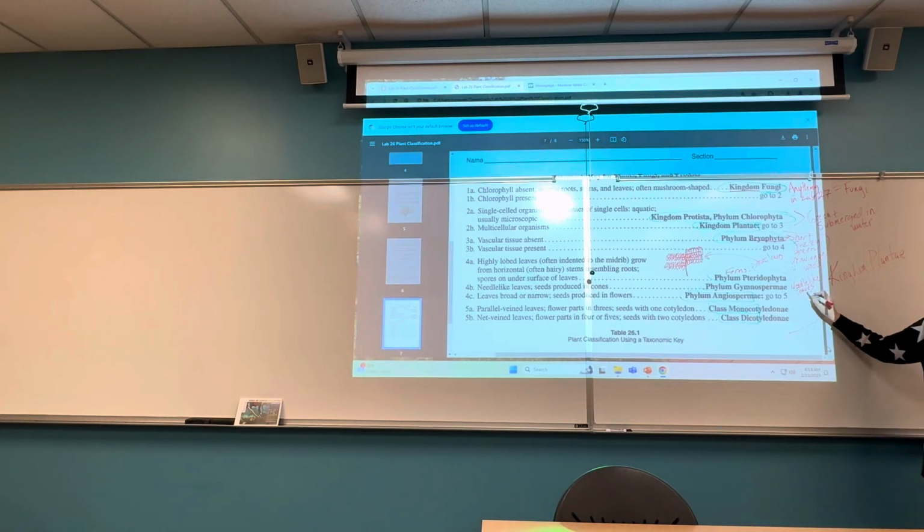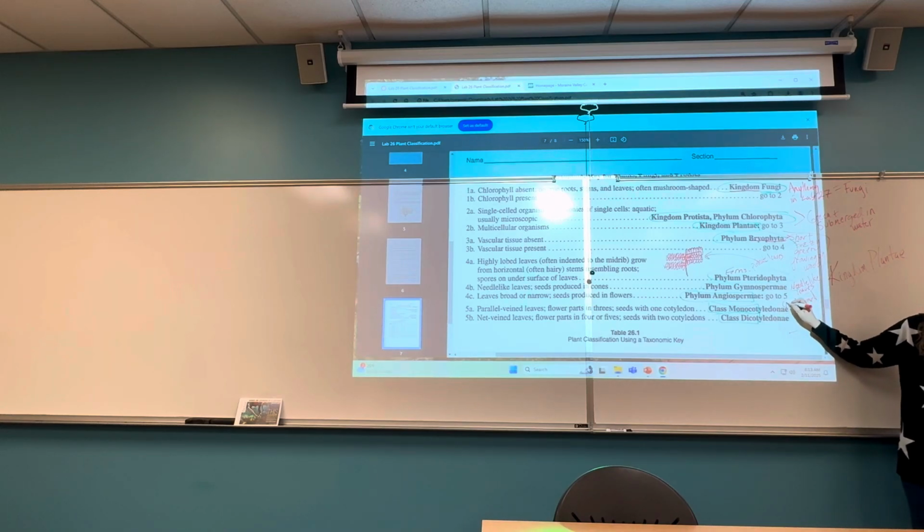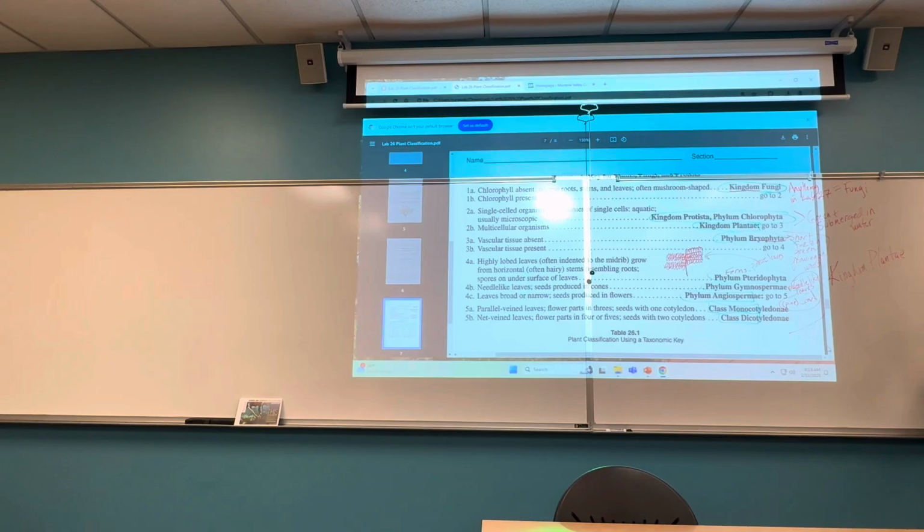Needle-like leaves and cones, like pine cones. So that's the gymnosperms. If you see something that has long, very, very skinny needle-like leaves, or you see pine cones, or both, that's a gymnosperm.